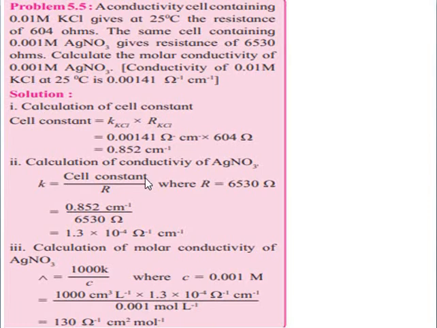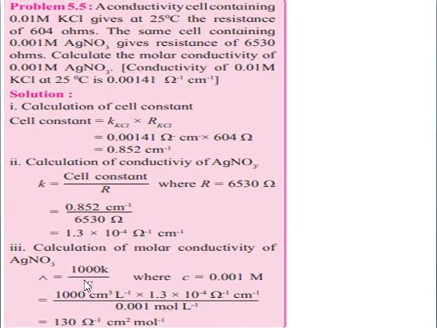From this conductivity, we can calculate the molar conductivity. The formula is lambda equals 1000 into K divided by concentration. Using K from the previous calculation, 1000 multiplied by 1.3 into 10 raised to minus 4 ohm inverse centimeter inverse, divided by the concentration, 0.001 moles per liter.